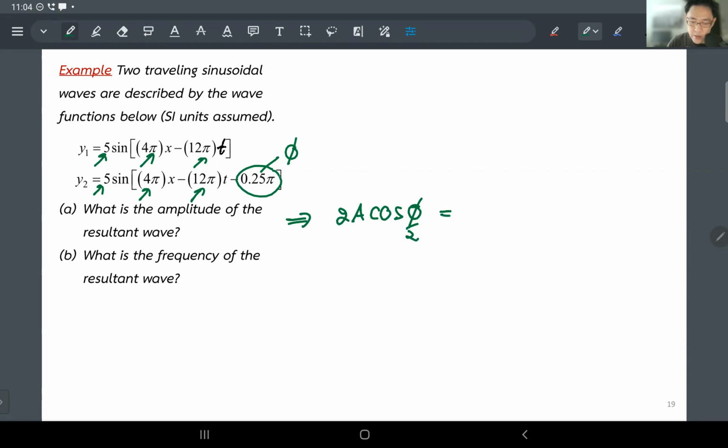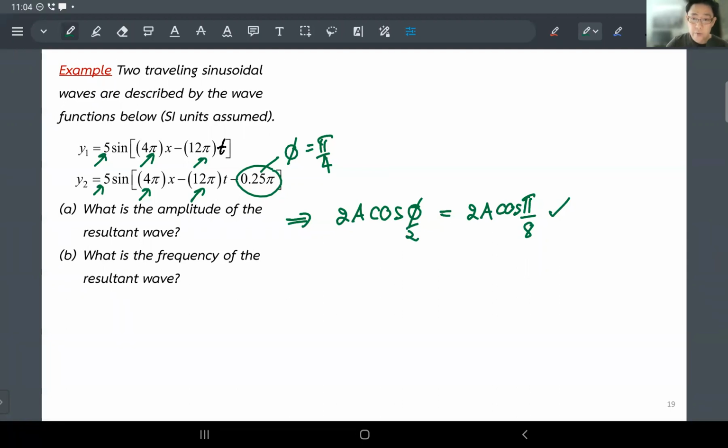And that's it, because now we know phi is 0.25 pi, which is pi over 4. So you can say it's 2A cosine(pi over 8). Now you need a little bit of the calculator, but that should be fine. Just pi over 8 and you're done. Cool? Okay. Not bad, not bad.